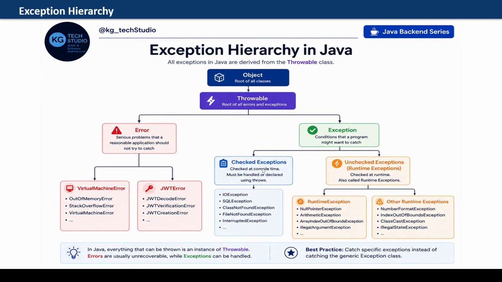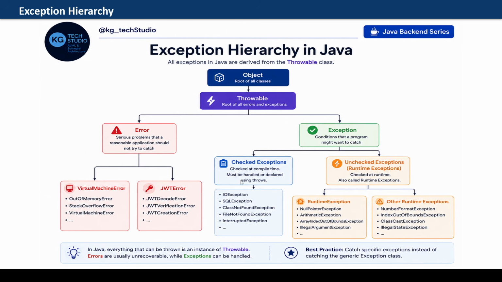For now, you can understand that a checked exception is known as a compile time exception. As you write the code, the Java compiler can recognize those exceptions which come under the category of checked exception. If you write any class and it extends the Exception class, it becomes a checked exception.